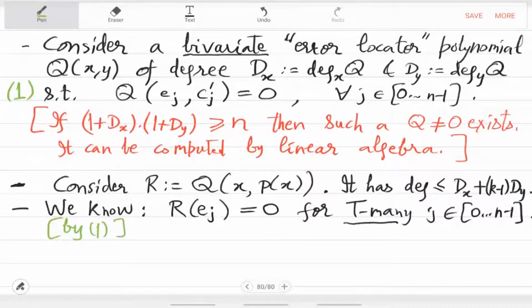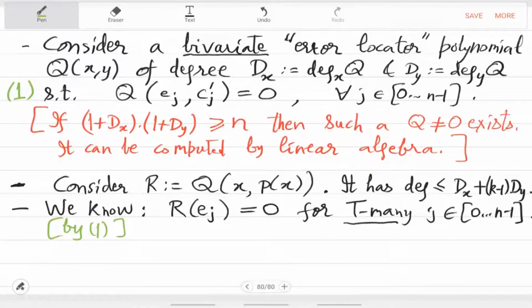So by construction of Q, this is true. So for t many values, R is vanishing, but you actually want R to vanish for all j. I mean, okay, not really, you want just R to vanish, right? So what matters is the degree of R. So we have to compare this vanishing of R at some Ejs with the degree of R. So, if the degree of R is less than this, then R vanishes, right?